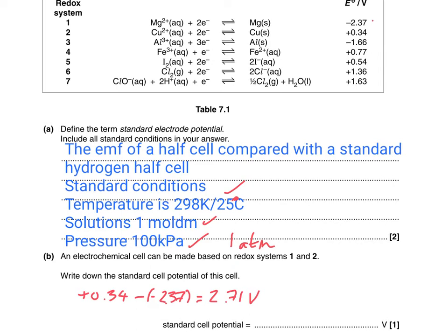So if we are pairing 4 and 5 with aluminium, the aluminium is more negative, so in both cases aluminium will go in this direction, and iron and iodine will go in this direction. If we're comparing the iron and the iodine, the iron is more negative, so that will go in this direction, and that will go in the more positive direction.